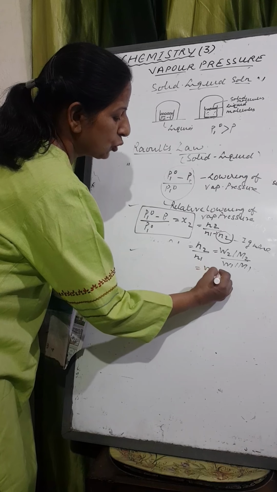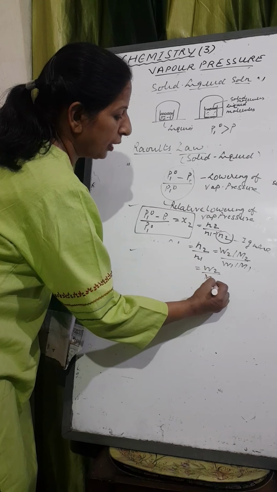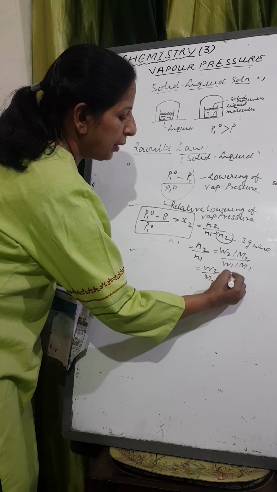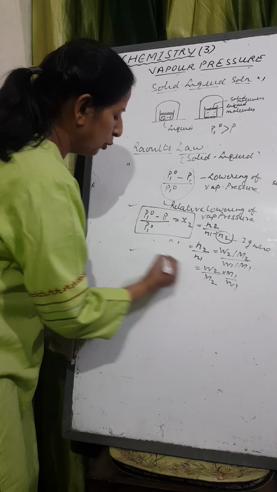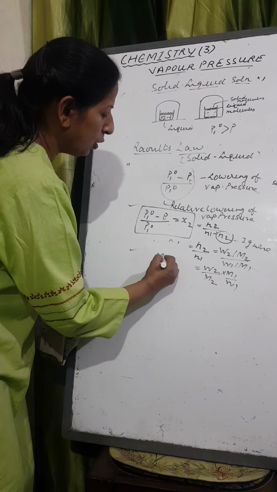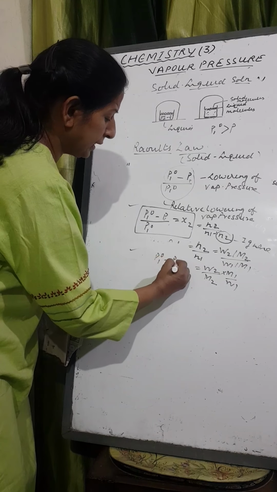It comes out to be W2 upon M2 multiplied by M1 upon W1. This equals (P1 naught minus P1) upon P1 naught. So using this very formula, we can find out the molar mass of the solute.